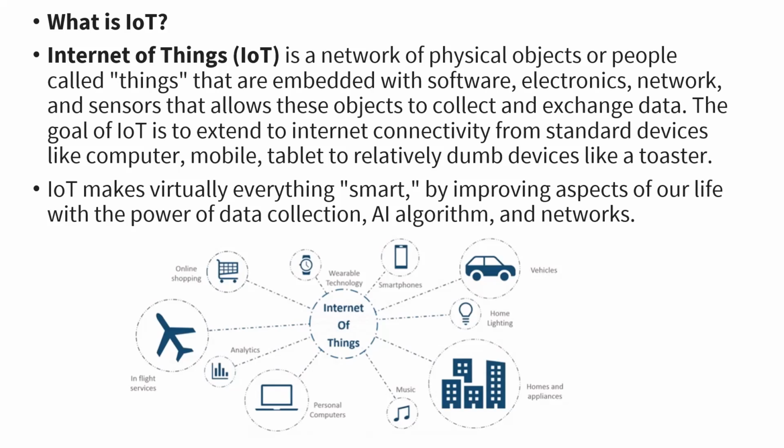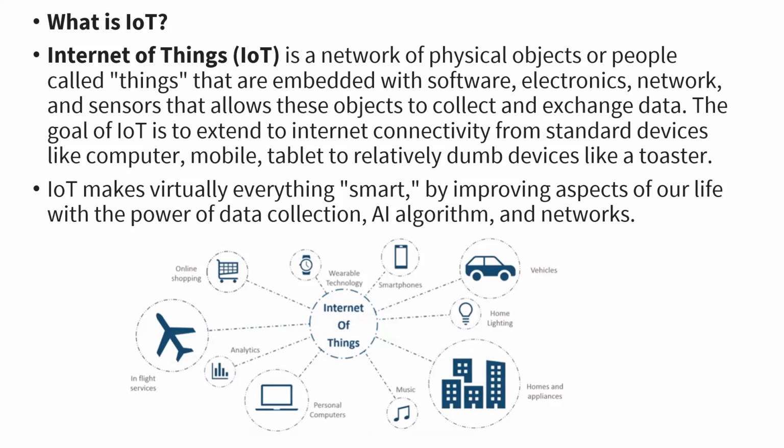Okay, so there are devices, these are connected with internet or big network. Purpose of this is to share the data, process the data, and convert it into some meaningful form, which is required for the user. This is what Internet of Things is. Okay, so this Internet of Things makes everything smart.